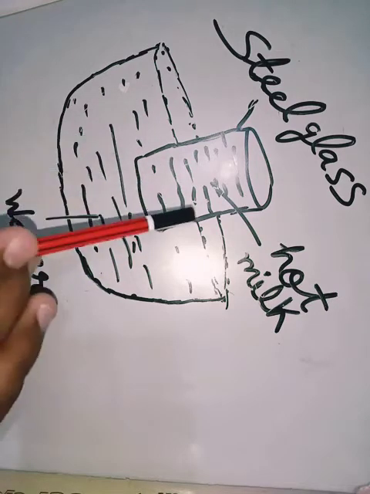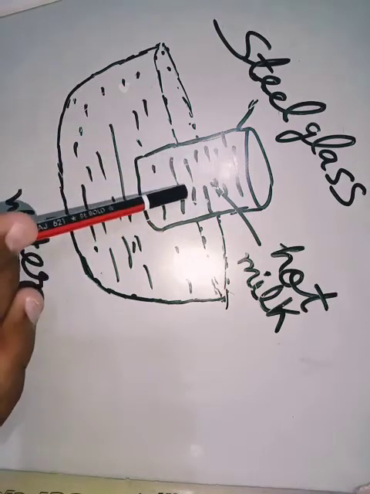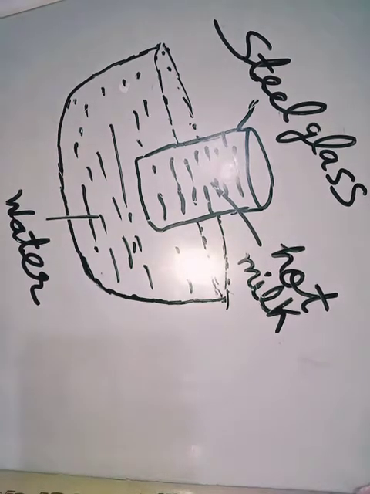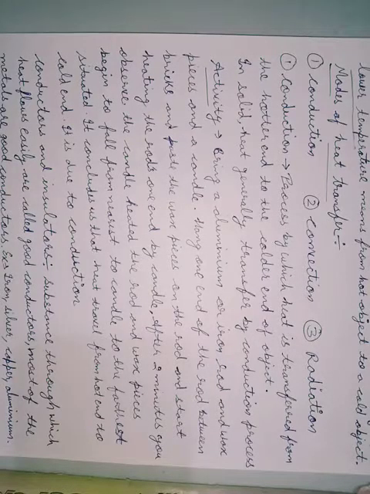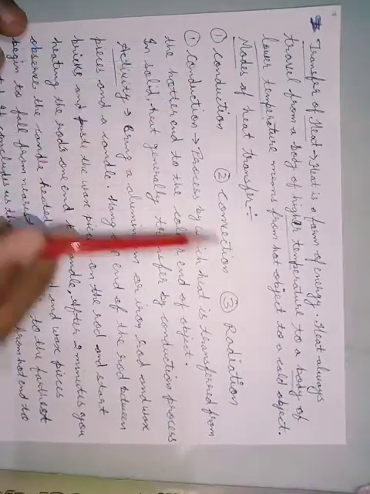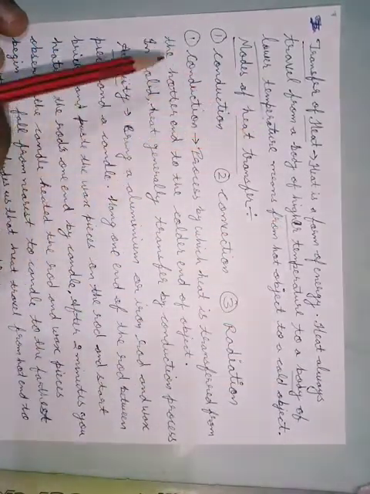So in this way we can say heat transfer always takes place from higher temperature towards lower temperature. Now coming back to our theory, we have done an activity related to the transfer of heat, and we have studied heat transfer from a body at higher temperature to a body at lower temperature.